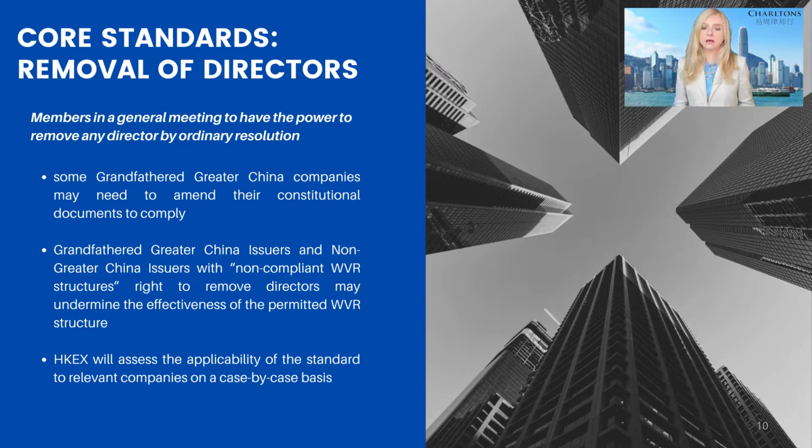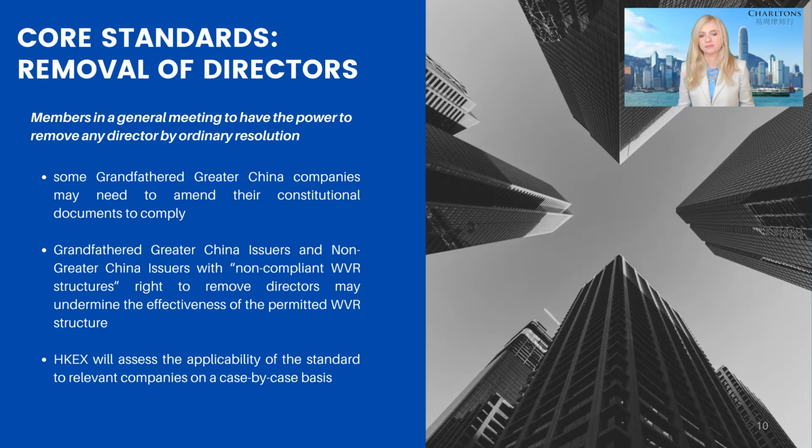These structures are permitted under Chapter 19C for grandfathered Greater China issuers, which are Greater China companies primary listed on one of the three qualifying exchanges on or before the 15th of December 2017, which secondary list on the exchange. In these cases, the exchange will assess the applicability of the standard to relevant companies on a case-by-case basis.